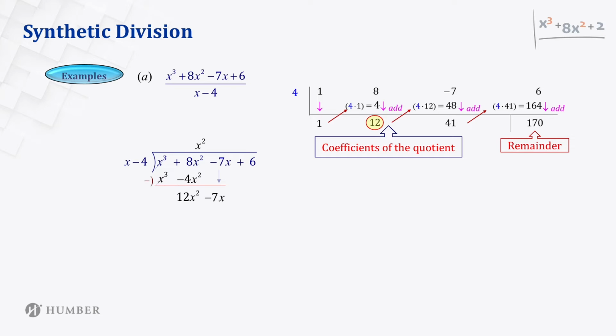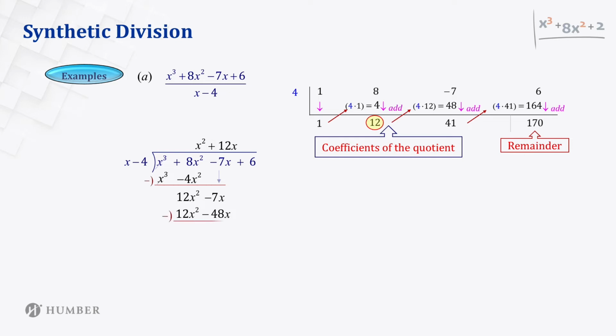Next, divide 12x squared by x to get 12x, and we write it in the x of the coefficient. Let's keep going. We take 12x and multiply by the divisor x minus 4 to get 12x squared minus 48x.